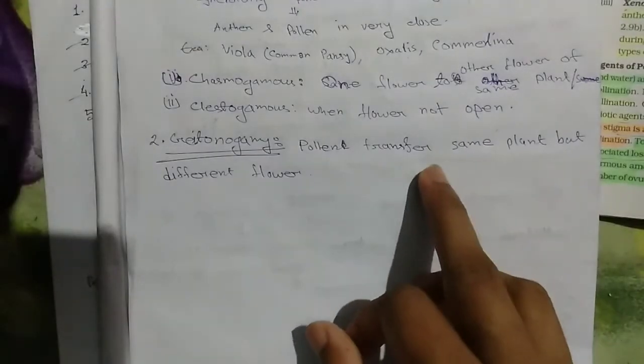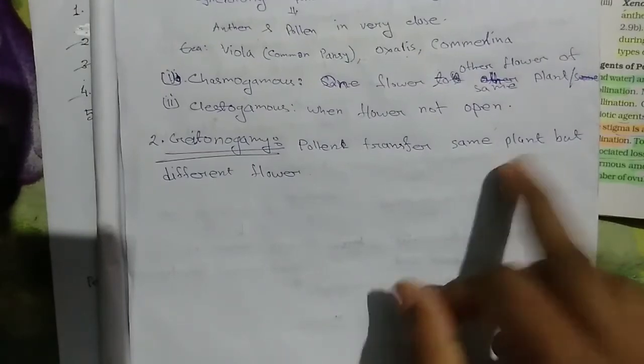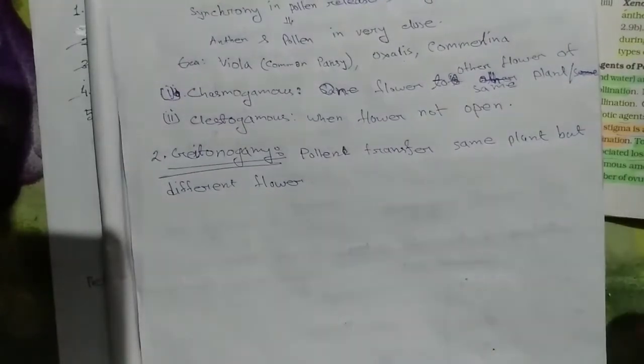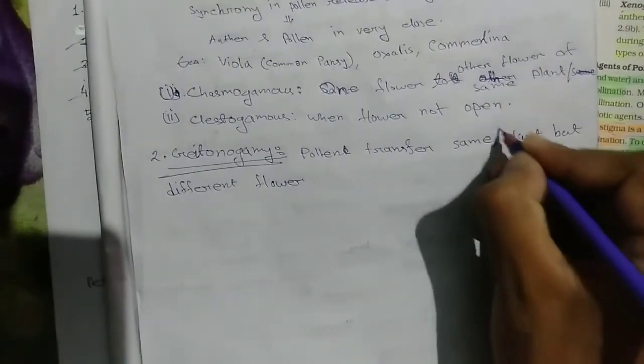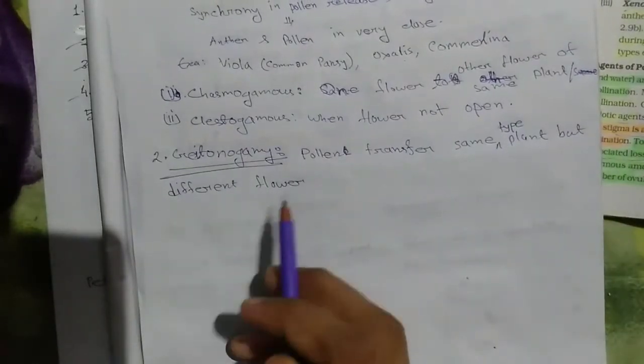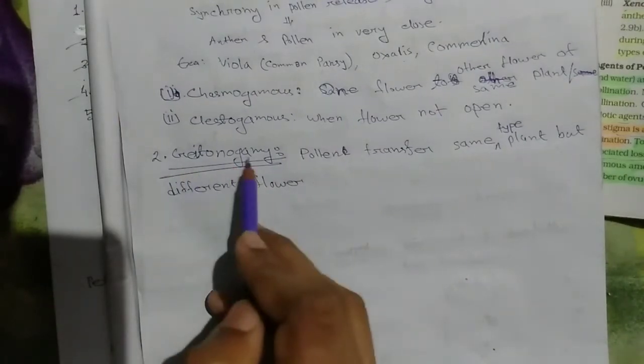When pollen transfers to the same type of plant but a different flower, same plant but different flower, this is called geitonogamy.